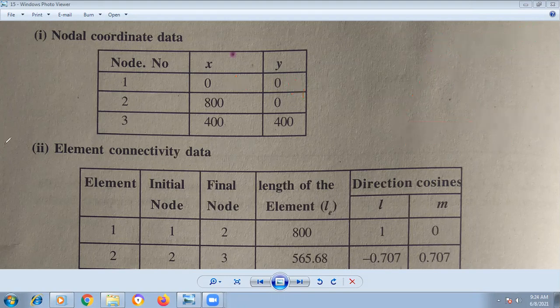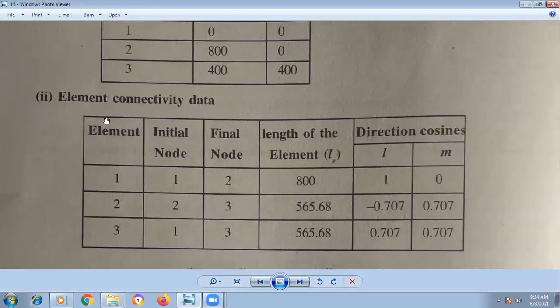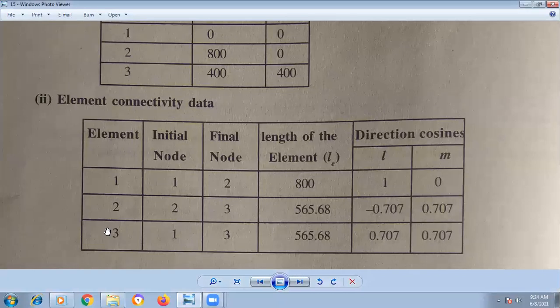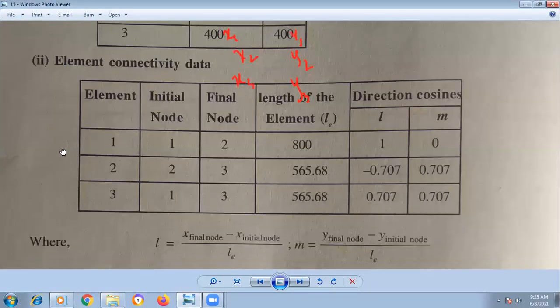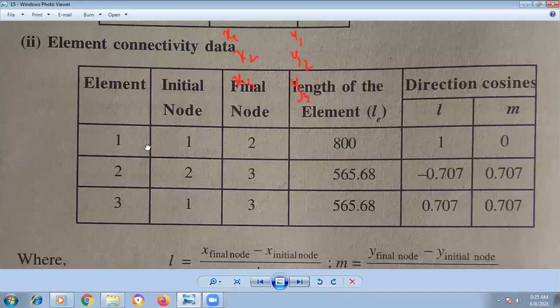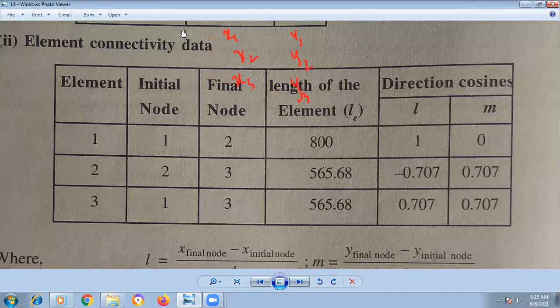Now, write the element connectivity table. Now this is our x1, y1, x2, y2, x3, y3. This we have written. Now let us go to the element connectivity data table. What is the element connectivity data?